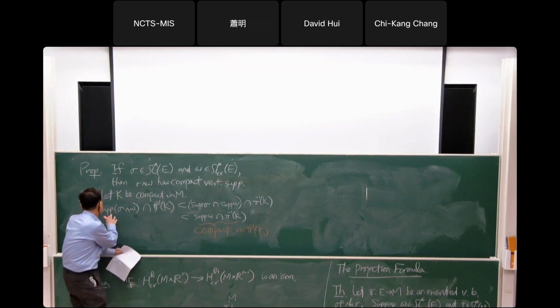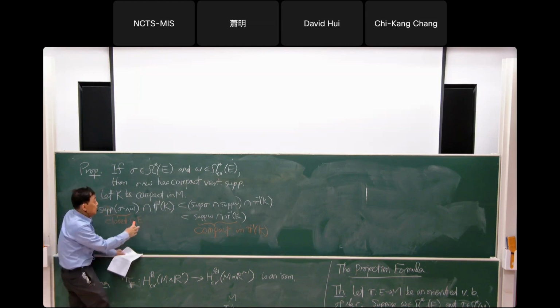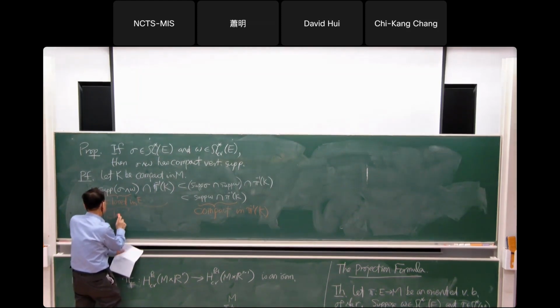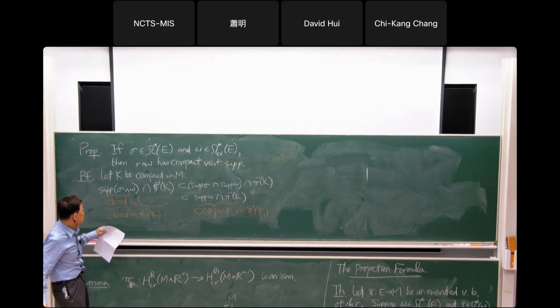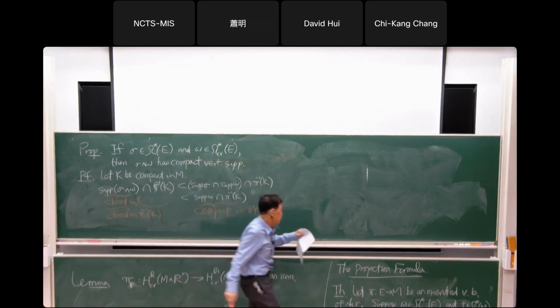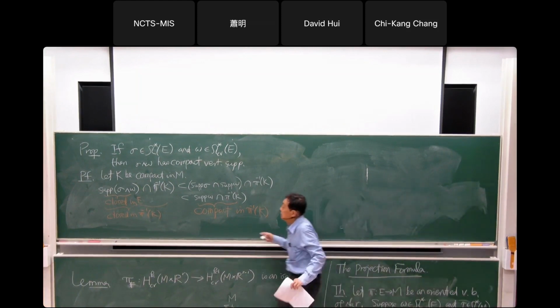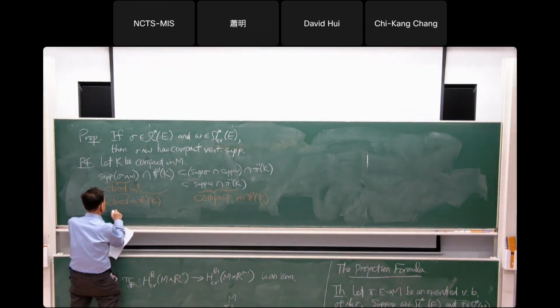And here the support is closed, so this is closed in E. Then you intersect it with pi inverse of K, so this is closed in pi inverse K. Since a closed subset of a compact set is compact, we know that this is compact.